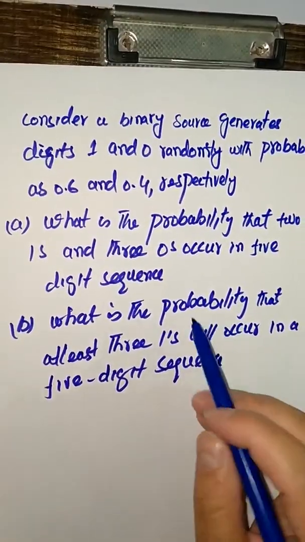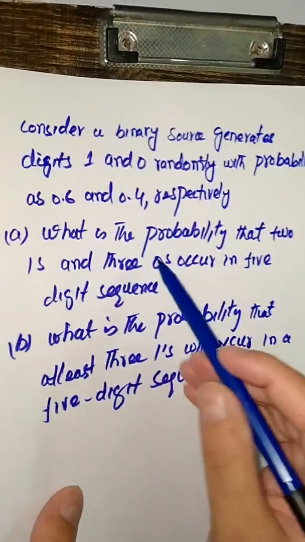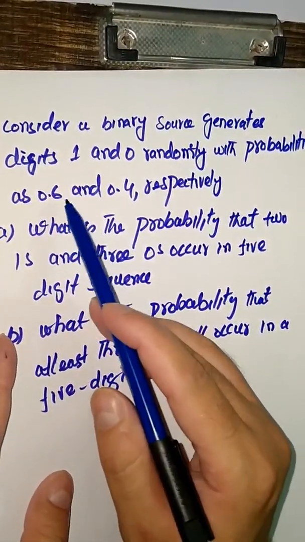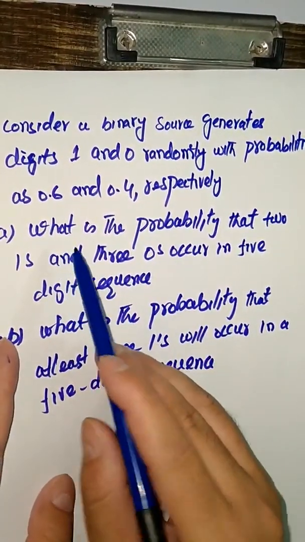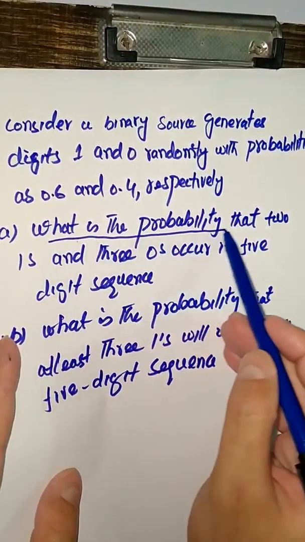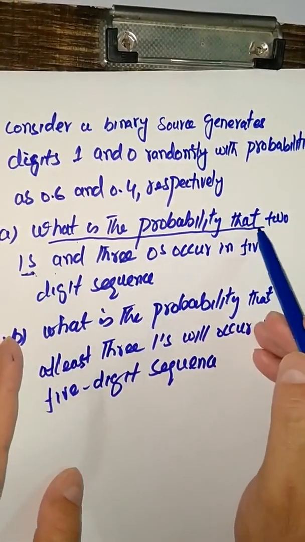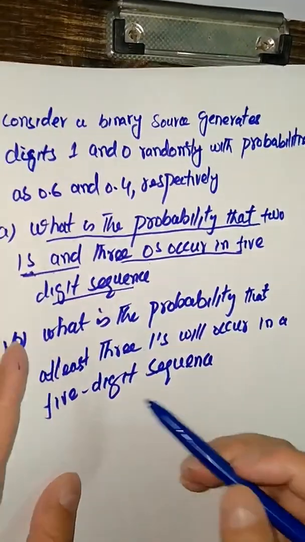Now, taking into account the first part, we already know the probability of occurring a 1 is 0.6, whereas probability of 0 is 0.4. So in first part, we have to find the probability that two ones and three zeros occur in a 5-digit sequence.